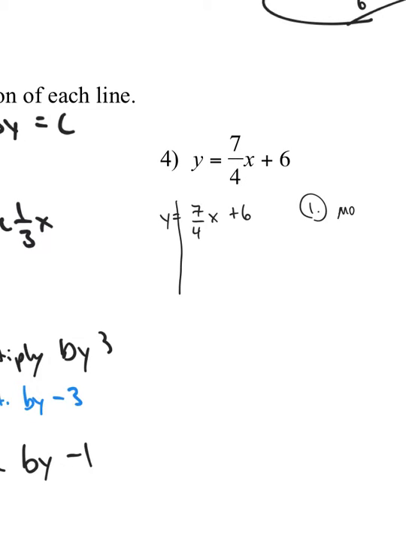Move our x's, so subtracting 7/4 x. So we've got negative 7/4 x plus y equals 6.